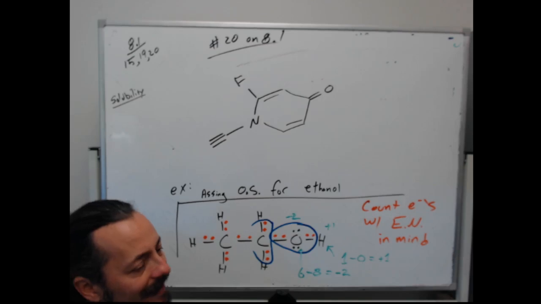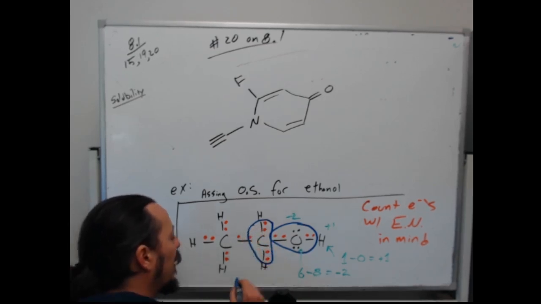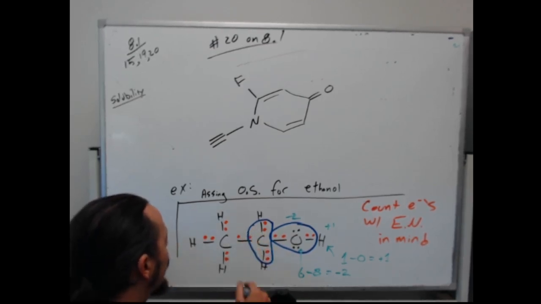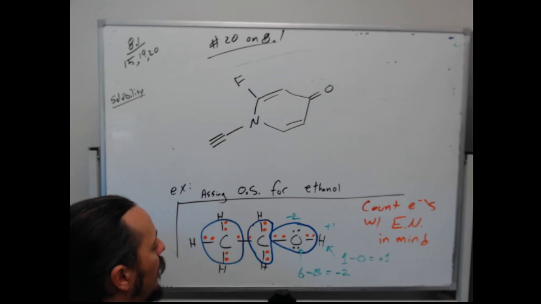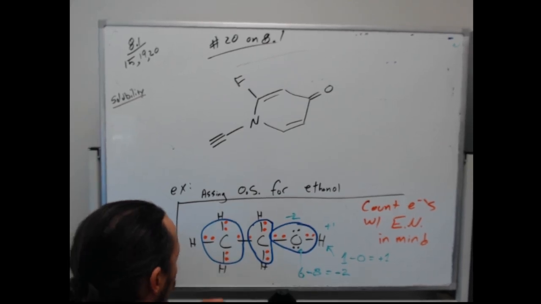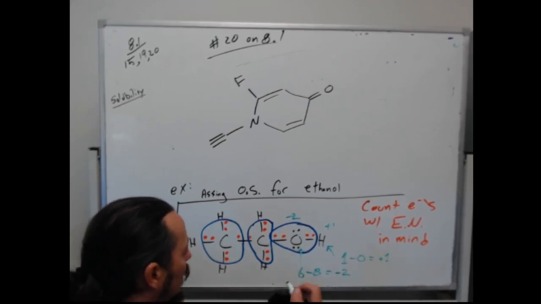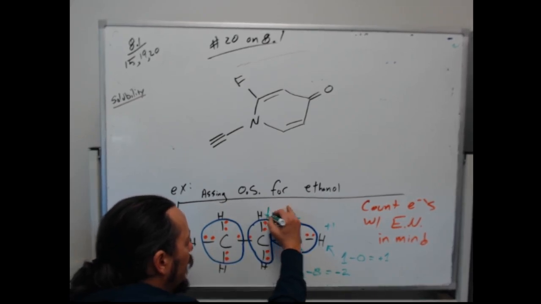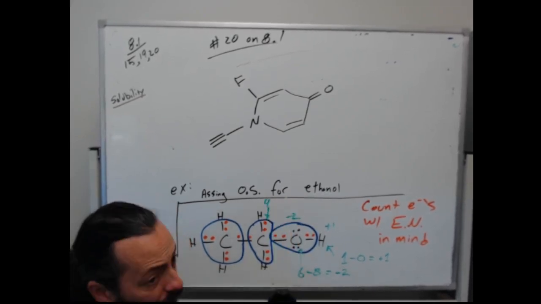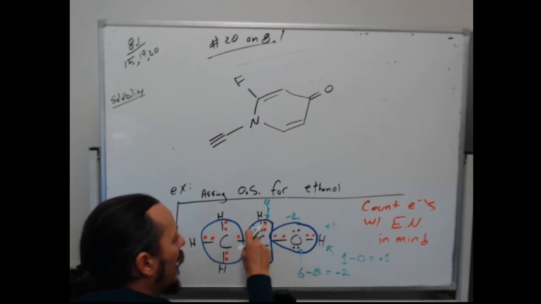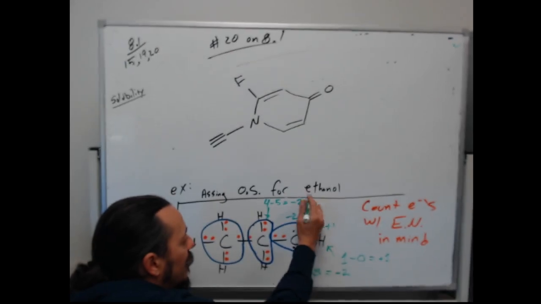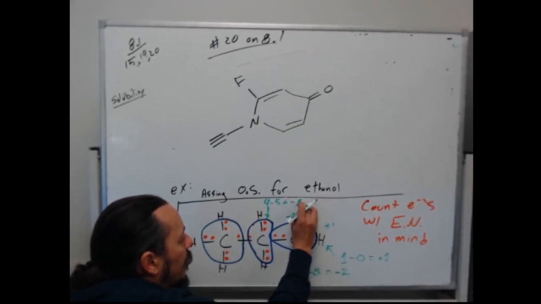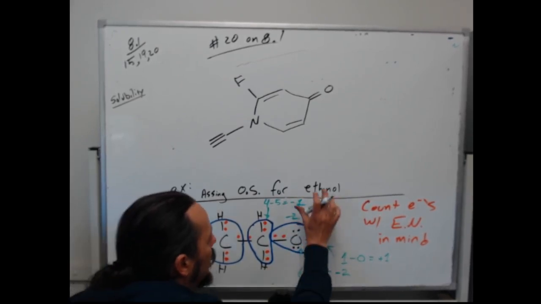But carbon to carbon, same electronegativity, they split those. Same thing happens over here. So this carbon in the middle started with 4 valence electrons, ends up with 5 electrons. That carbon has an oxidation state, whoa, that's bad math, of -1. That one got sloppy.